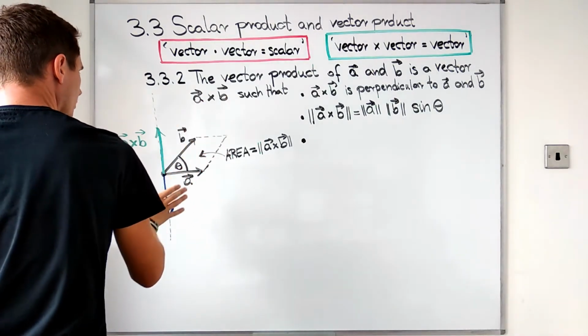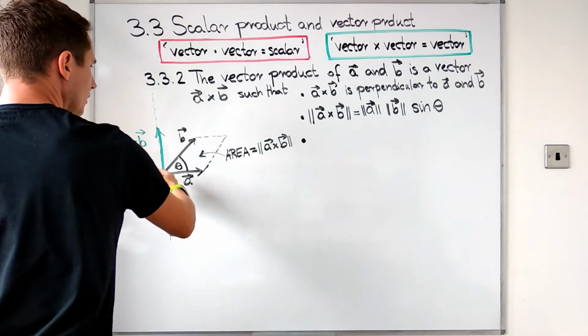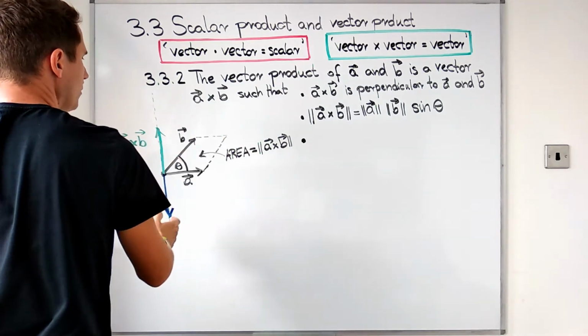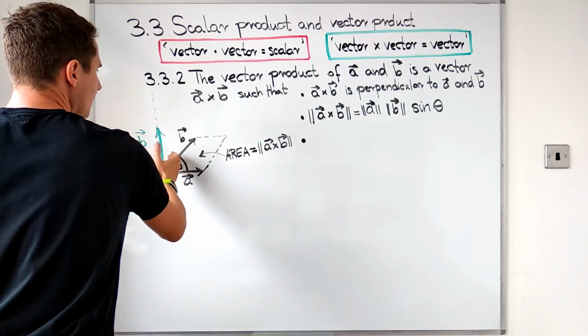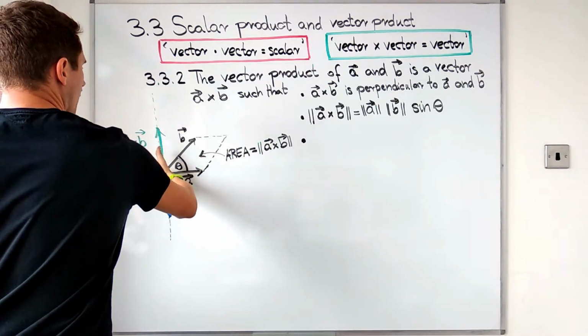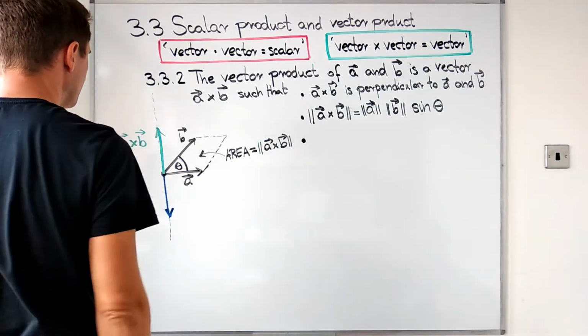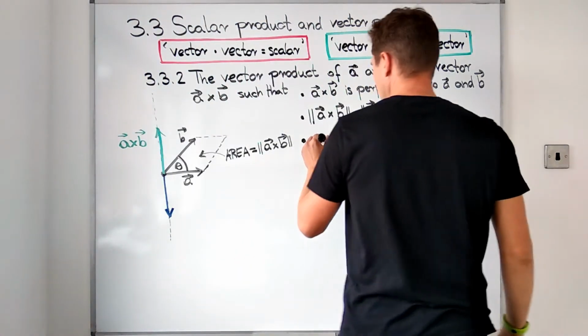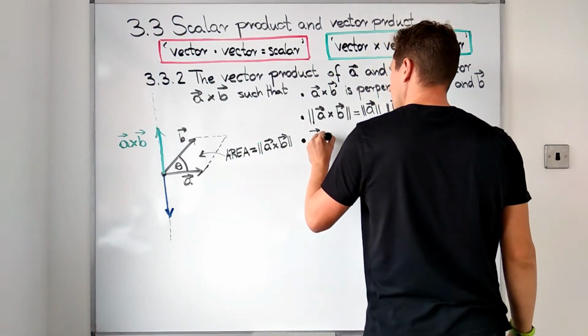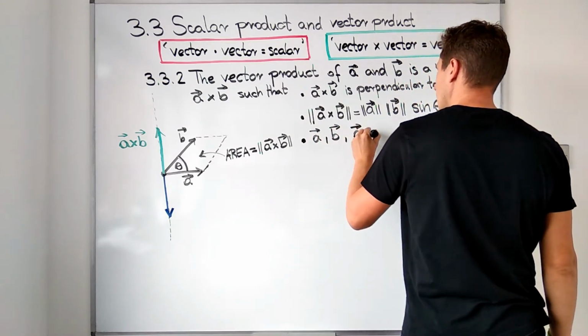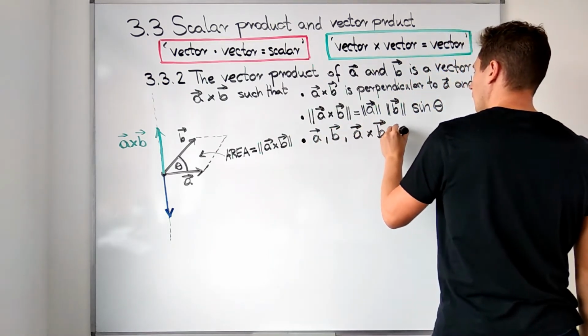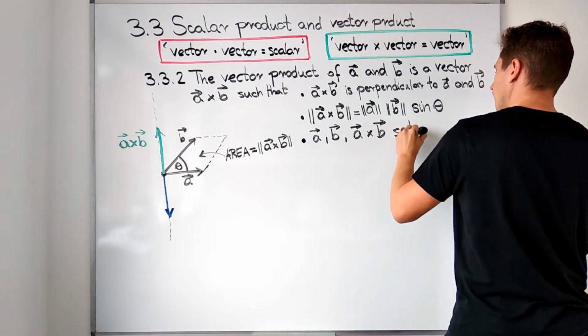Again, grabbing the line that is perpendicular to the plane spanned by A and B, first I'm touching A, then B, and my thumb is in the direction of A cross B. So A, B, and A cross B satisfy the right-hand rule.